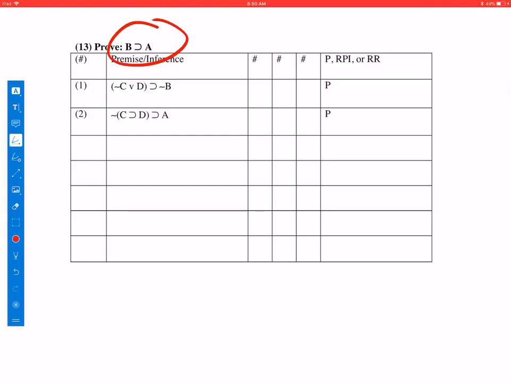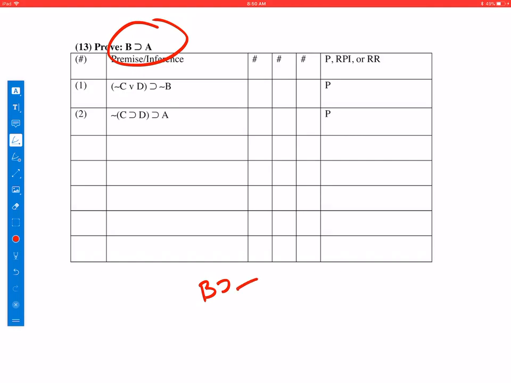Okay, here, prove B then A. Doesn't appear that we have a B then A, and we also don't have the opposite of B then A in an antecedent.